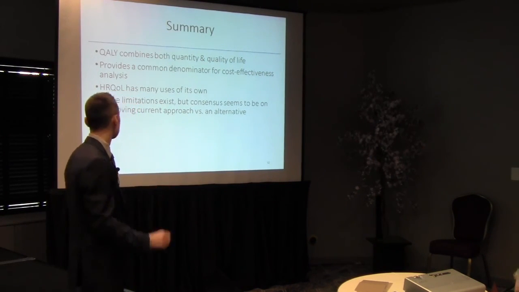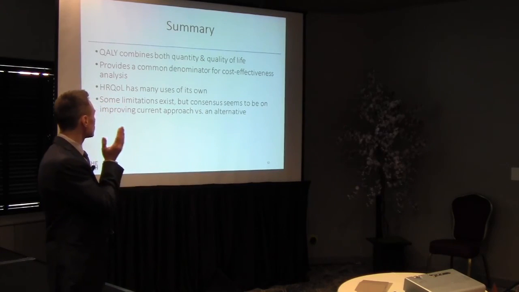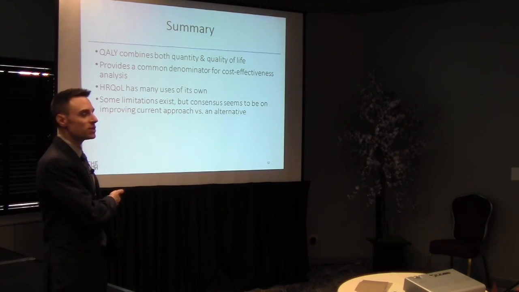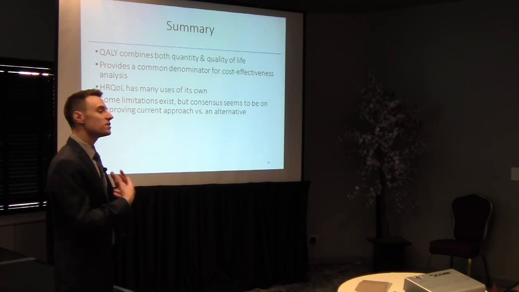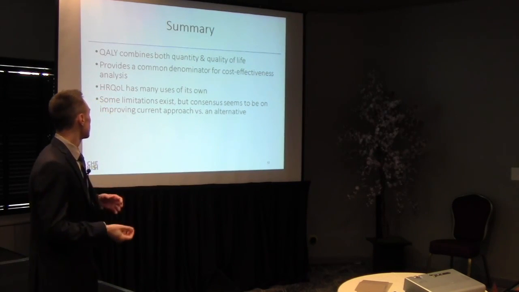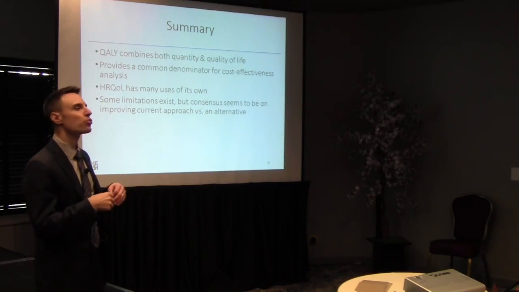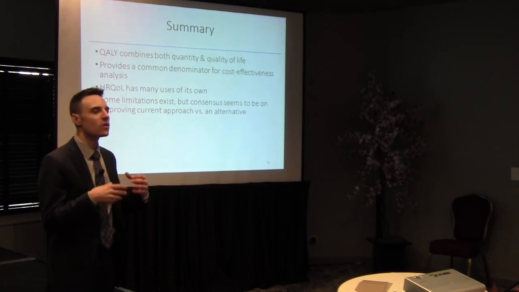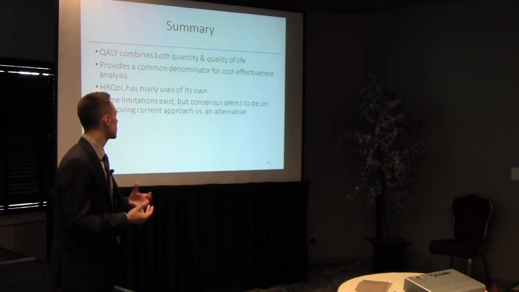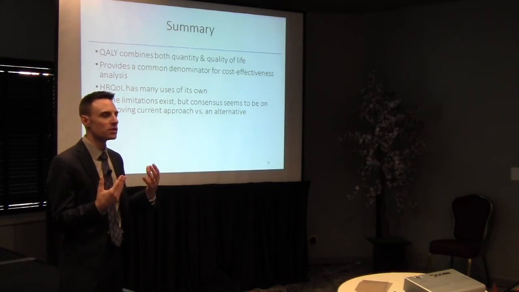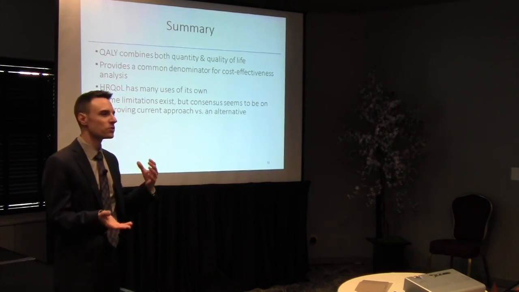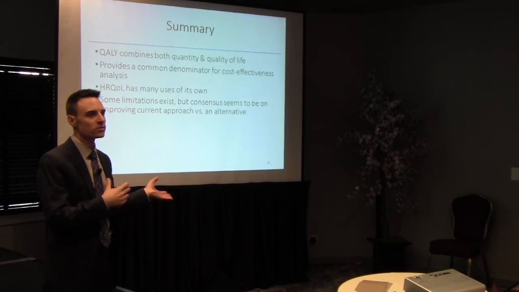So even if you're not going to use it for QALYs. And then, as I mentioned, we do have some limitations when we're talking about quality-adjusted life years, but the general consensus seems to be that we're better off improving the limitations that we have with quality-adjusted life years than trying to switch to an alternative, like disability-adjusted life years or the YLL, things like that.